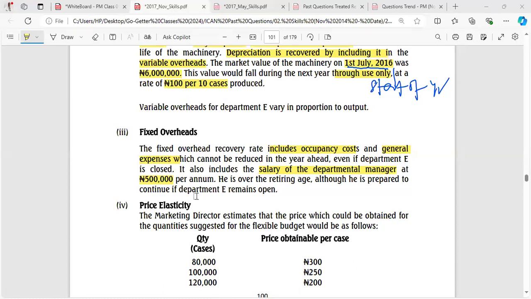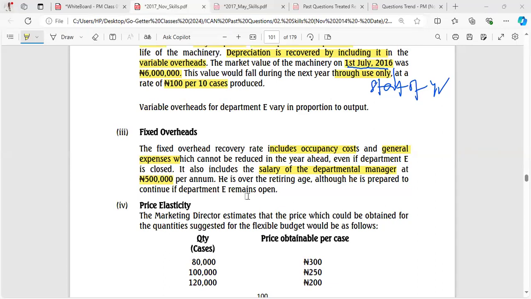Okay, so we are told that the salary of the departmental manager is 500,000 naira per annum. And if this department is closed down, he's not going to get that amount.